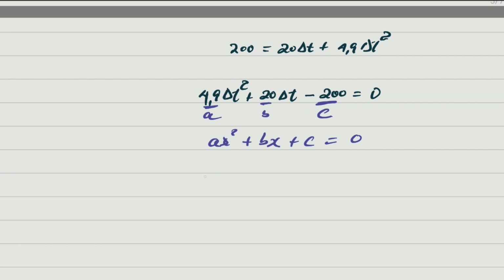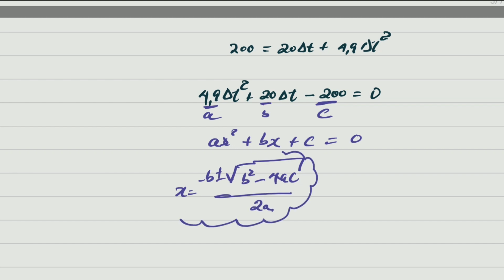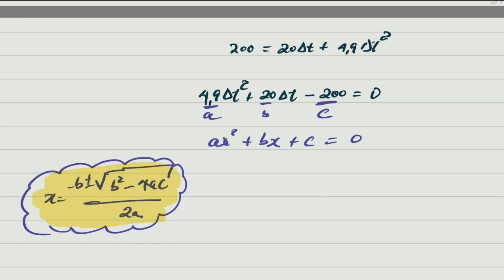So we can also use the equation x is equal to minus b plus or minus the square root of b squared minus 4ac, divided by 2a, to help us calculate the time, because we have a quadratic equation here. This is not too bad. It's not too bad because these days you have calculators, I told you once before, okay? So we are going to take this one and then substitute for the time.